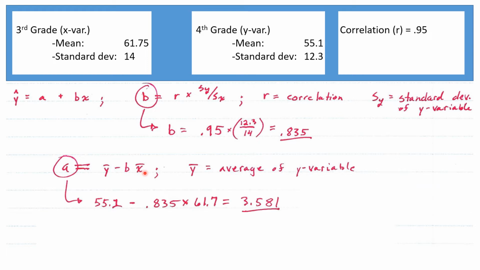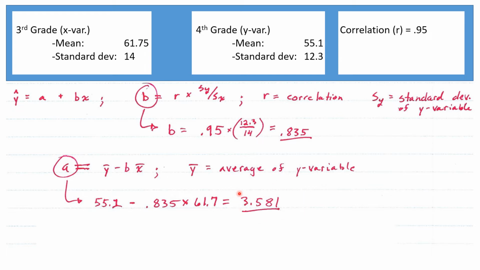So that's simply going to be 55.1 minus our slope, 0.835, times the average of the third graders, 61.7. And so that gives us a y-intercept of 3.581.